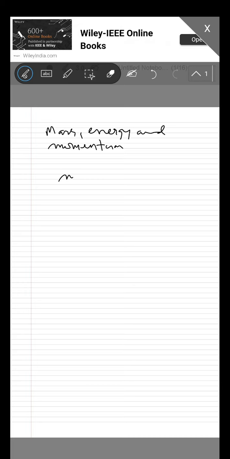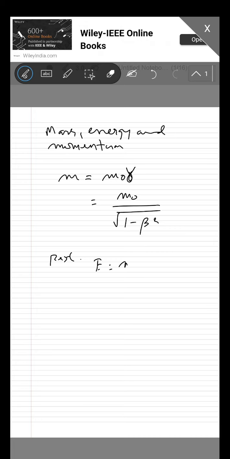Like the mass: if m0 is the initial mass in the rest frame of reference, called the rest mass, mass gets transformed into m0 into gamma. It is m0 divided by root over 1 minus beta square. This is the new mass. And also the rest energy, initially, was E is equal to m0 c square. This is the rest mass energy.